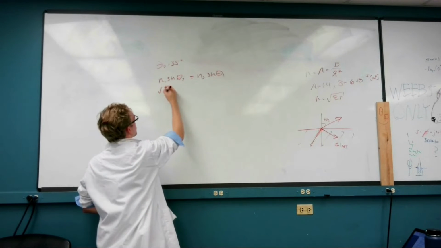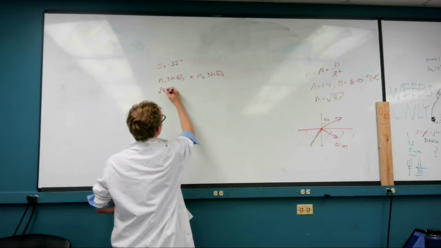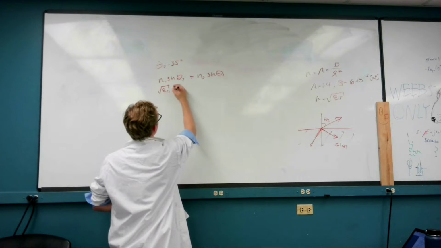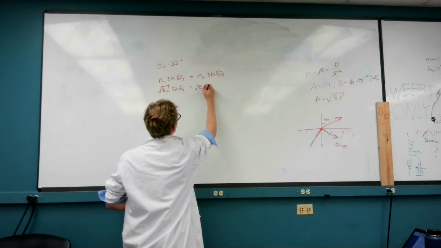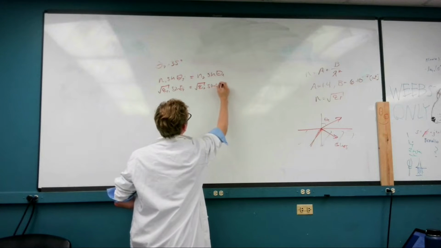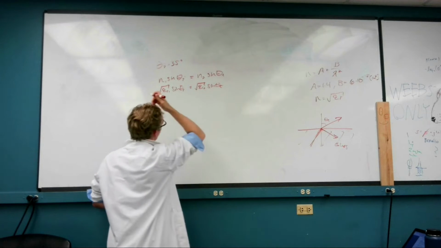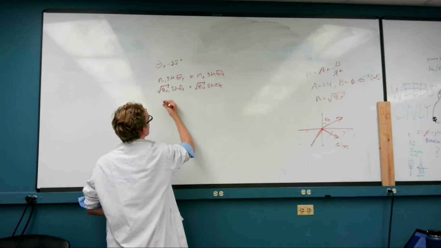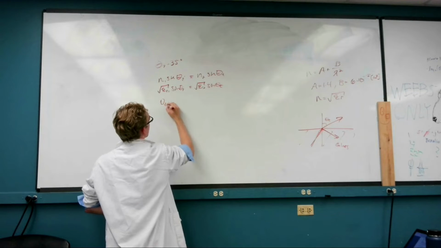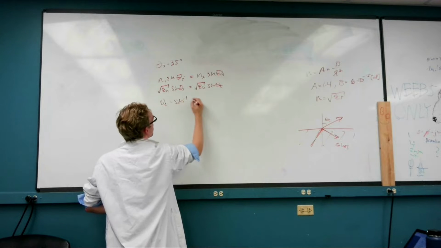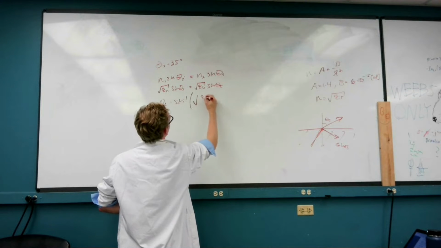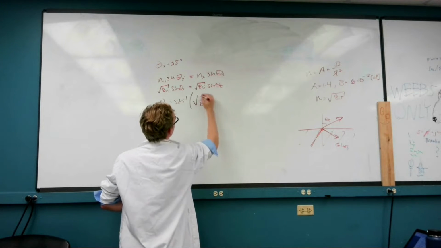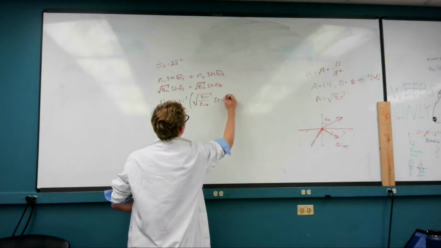Or this just becomes the square root of epsilon r1 sine theta I equals the square root of epsilon r2 sine theta t. So if we want our theta t, that just solves to sine inverse of the square root of epsilon r1 over epsilon r2 times the sine of theta I.